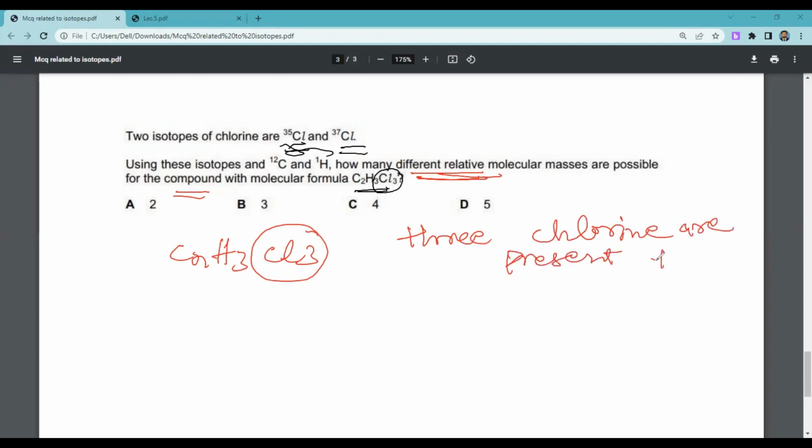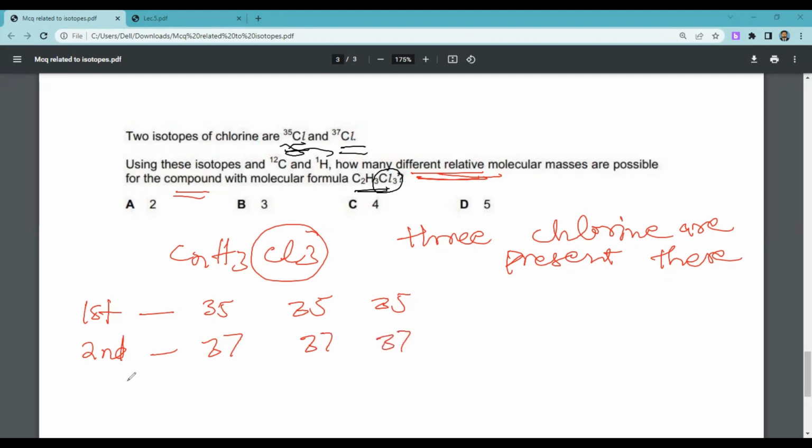While chlorine has 2 isotopes, in the compound it is possible that all 3 chlorines have relative atomic mass of 35, 35, 35. Or all these chlorines have relative atomic mass 37, 37, 37. The third option is that one isotope of 35 is present, while the other 2 are of 37.